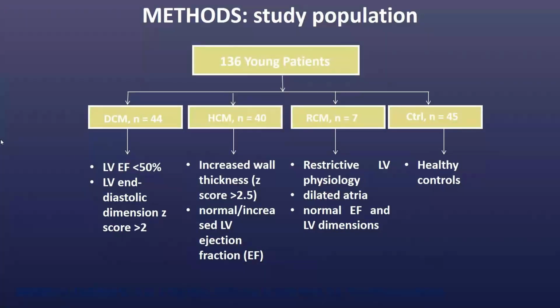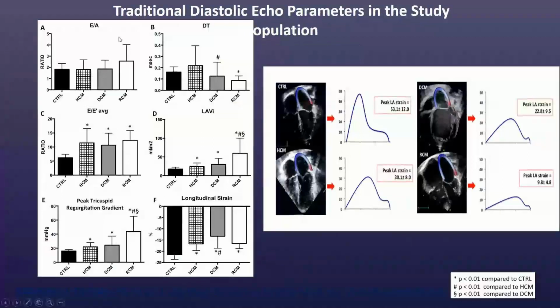And we found, again, that using standard echo Doppler parameters, we were not able to discriminate controls from cardiomyopathy patients using E/A or deceleration time. We could discriminate controls from cardiomyopathy patients using E/E prime, but we were not able to discriminate hypertrophic versus dilated versus restrictive cardiomyopathy patients.